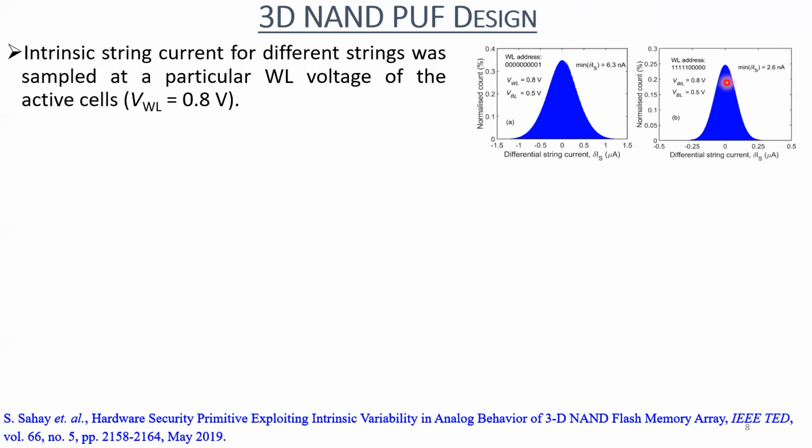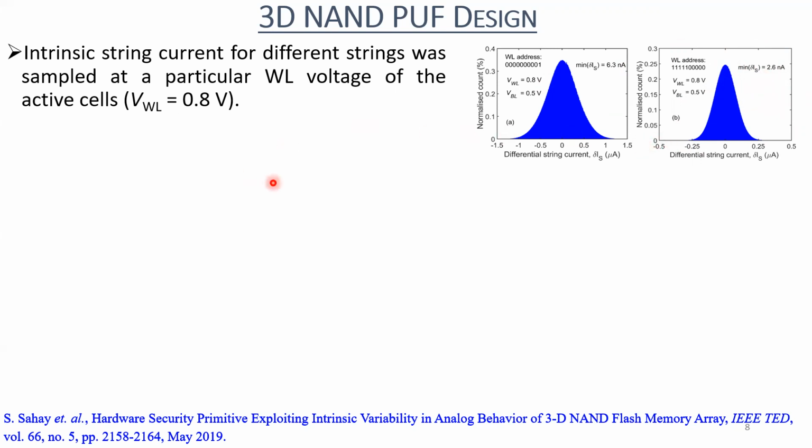When you are probing 5 different cells in this 3D NAND flash string, the minimum differential string current reduces to 2.6 nanoamps. So in this case, we'll have to get a current sense amplifier with a higher sensitivity. Higher sensitivity, I mean a lower precision, let's say 1 nanoamp or something.